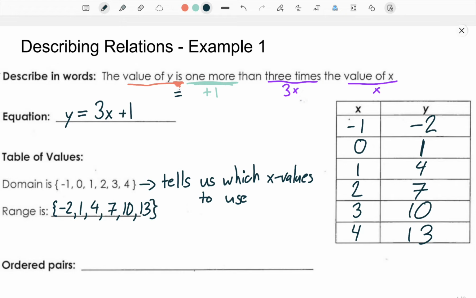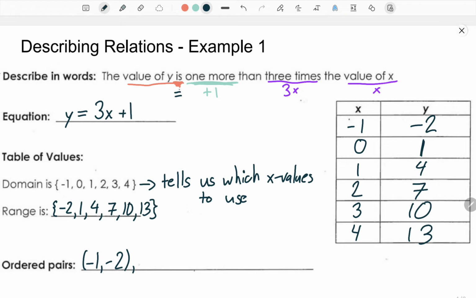All right, and the last thing that we can use to describe a relation is just ordered pairs. So the ordered pairs, that's where we combine the x value with the corresponding y value. So something like -1, -2, they're beside each other.